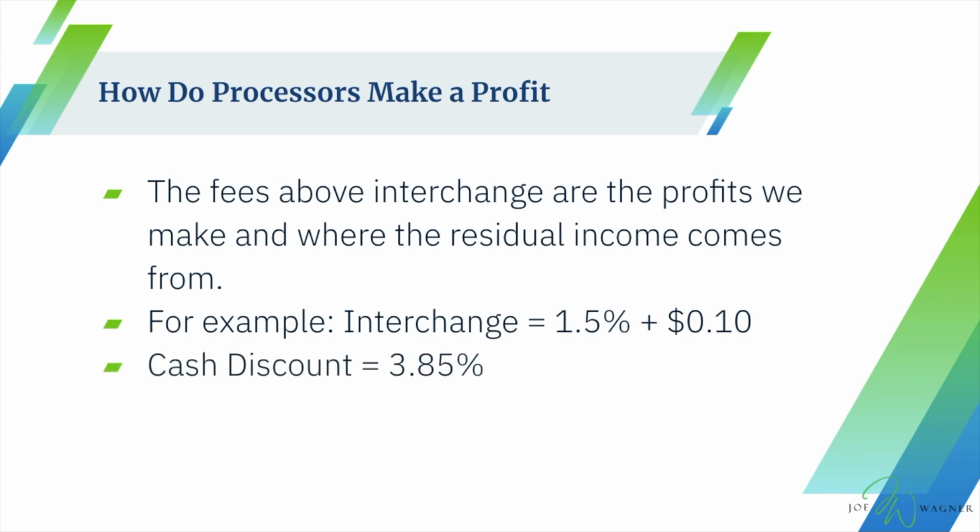Okay, so with the cash discount program, we make 3.85%. That's what we charge on every transaction, 3.85%. So to find out what our profit is on that transaction, you take our 3.85%. Out of that, we pay the interchange, right? So we pay 1.5% and then the 10 cents. So our profit on this example is going to be 2.35% minus 10 cents.